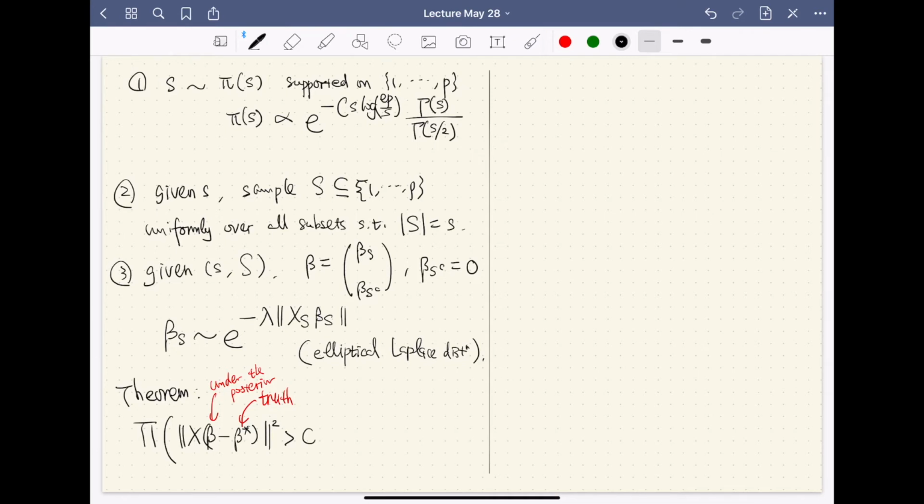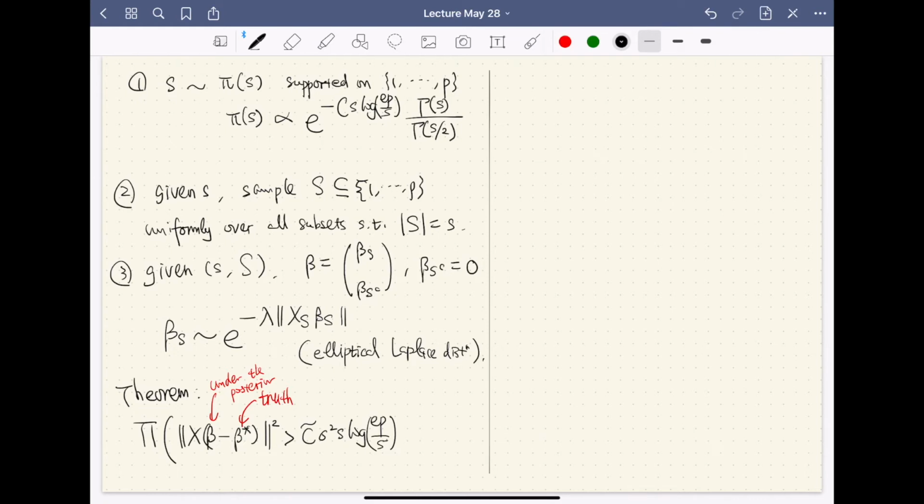This is a different constant, let's call it C tilde, just to distinguish it from this constant. They are irrelevant. Some constant times sigma squared s log(ep/s).